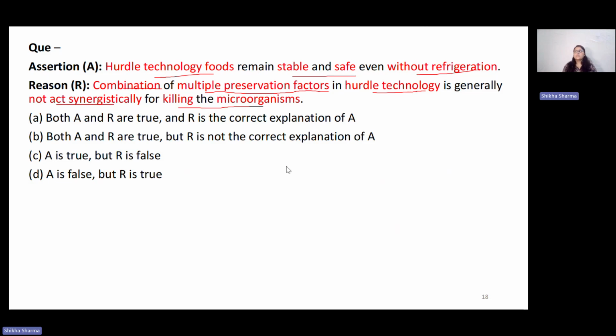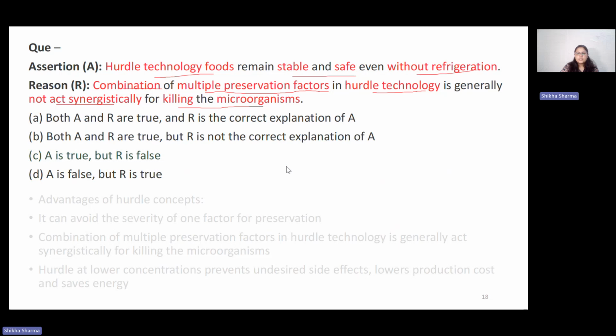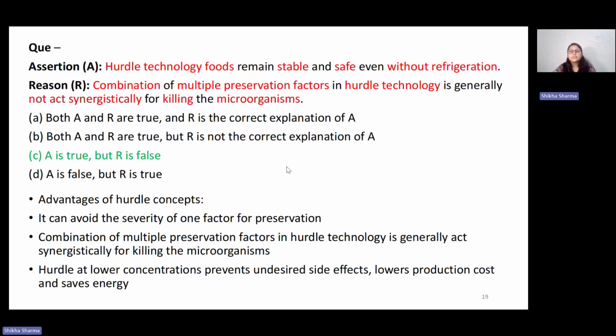So we need to tell if the assertion is true and the reason is true or not also, and if reason is correctly explaining the assertion or not. Okay, so let's see. So here assertion is true and the reason is false.